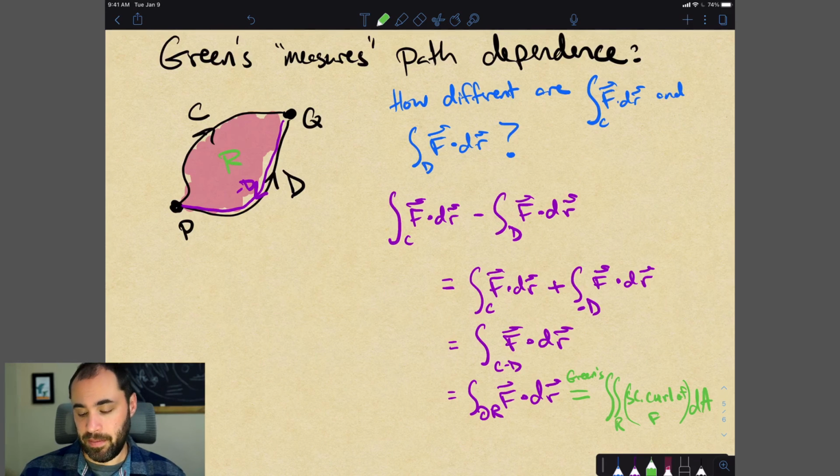So we can switch the bounds. But the fact of the matter is the scalar curl at all the points inside of this region R sort of accumulate to tell us how different the line integrals of these two paths will be. So we'll do some more examples of this when I see you next in class.